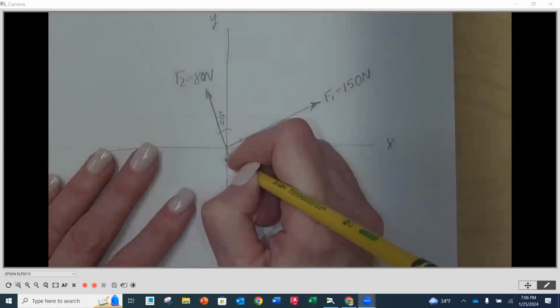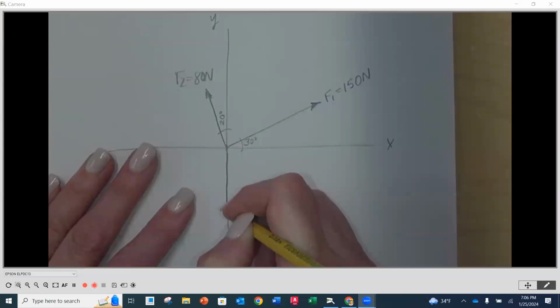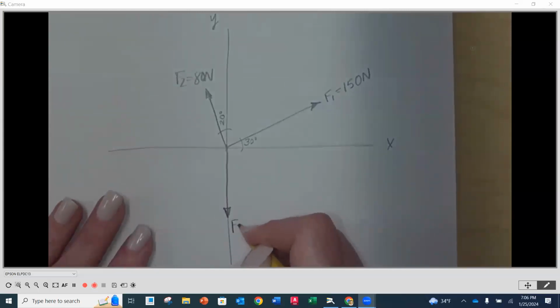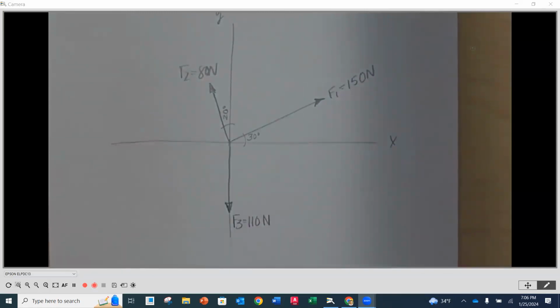And then I've got going straight down 110 newtons. This is F3, and it's going to be right along that y-axis.